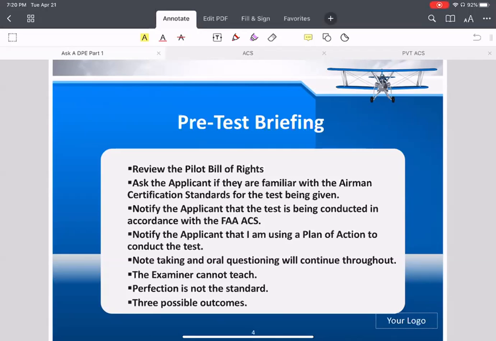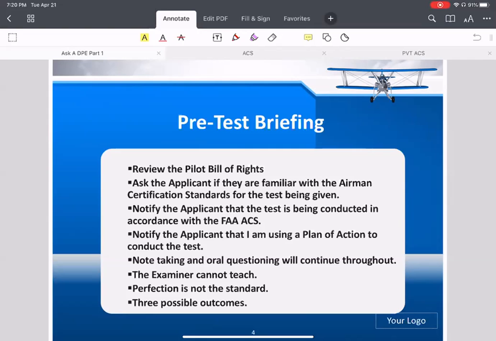Oral quizzing will continue throughout. So it's not just oral questioning on the ground and I don't ask any questions when we get in flight. I am responsible to ask questions generally related to the maneuver as we go in flight, to see if you can manage the workload, etc. The examiner cannot teach, we can't lead you in a maneuver, we can't have you do a maneuver a second time if you didn't do well on it the first time.